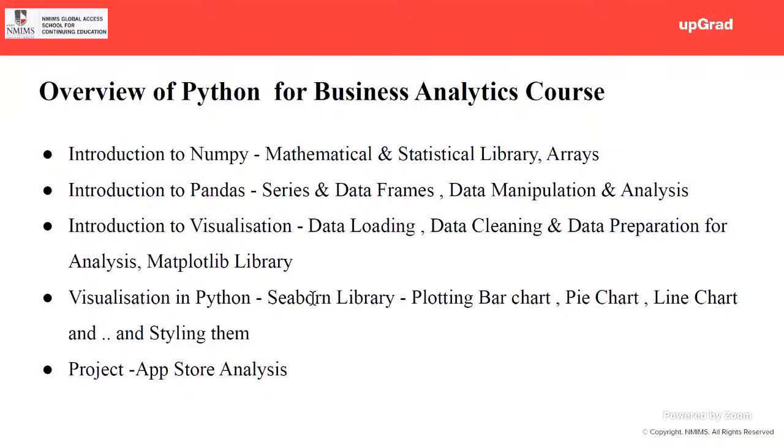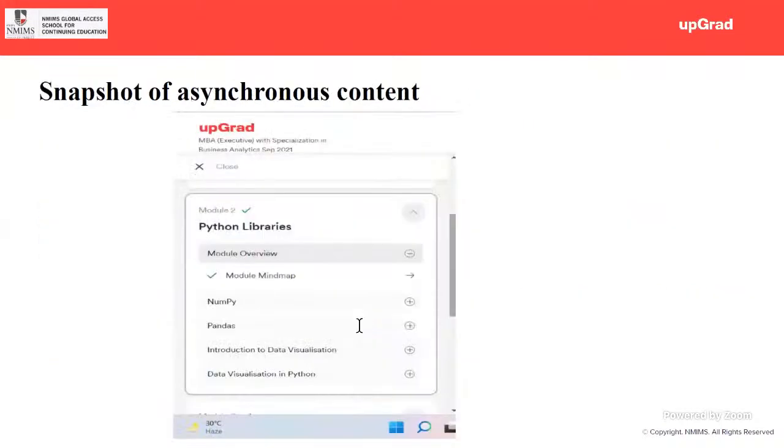You can do the same with Seaborn, but Seaborn gets a better visual effect. You can add more colors. You can add more grading. So basically, in a more presentation form, you can have better graphs. You can be plotting bar graph, pie chart, line chart, scatter diagrams, box plot, and styling them. Okay.